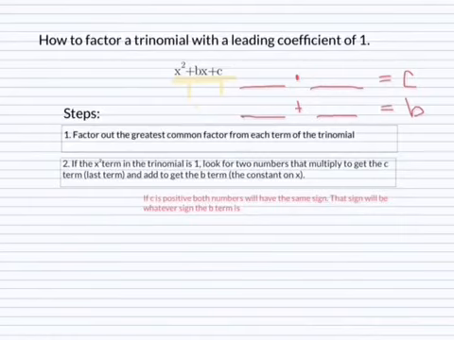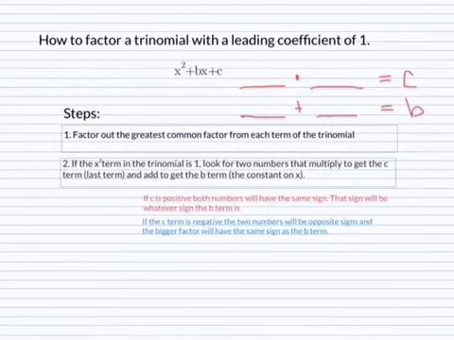So that is the only way you could multiply to get a positive number. Okay, if the c term is negative, so our last term is a negative number, that means you have to have 2 opposite signs. And the bigger of the 2 numbers will have the same sign as the b term.